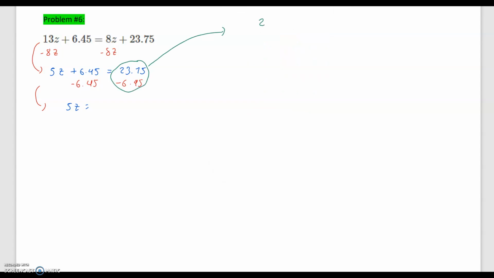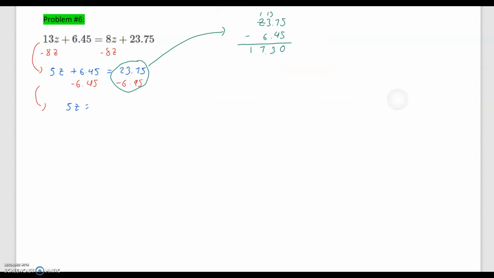So we're looking at 23.75, and we're going to be subtracting 6.45. So that's going to be 0. This is going to be a 3. We have to borrow, so that's a 1, and that's now a 13. And this is going to be a 7 and then a 1. So we're looking at 17.3.